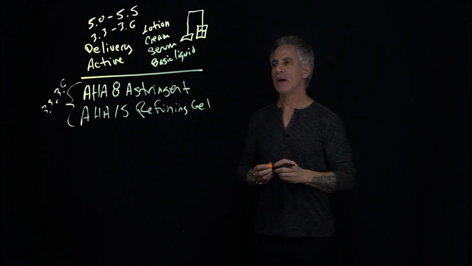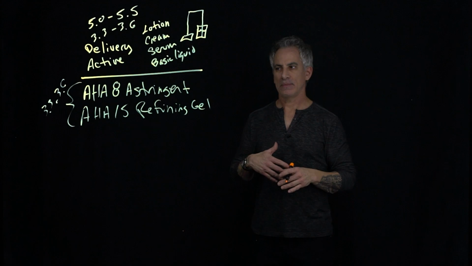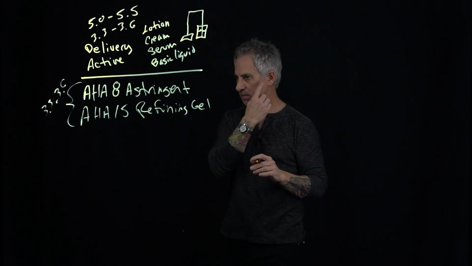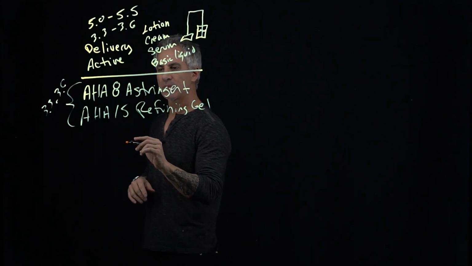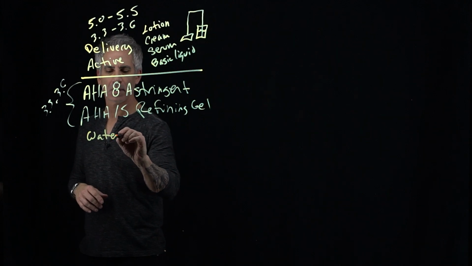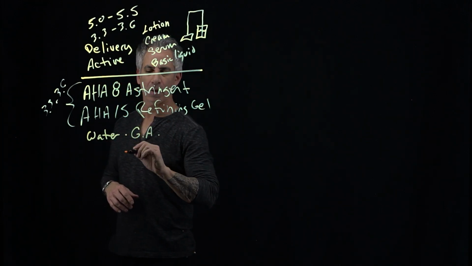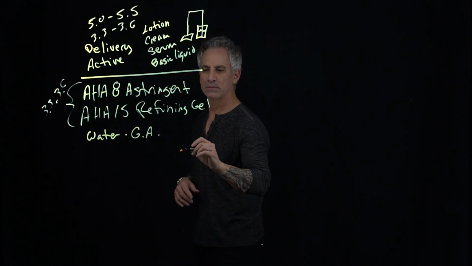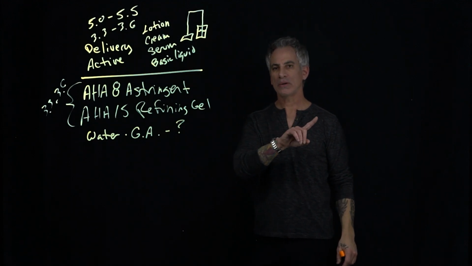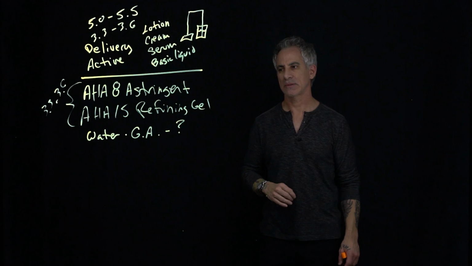Okay. For argument's sake, or I should say for educational purposes, let's assume very basic things. Okay? Water, glycolic acid, and another ingredient are the only ingredients in these three products.